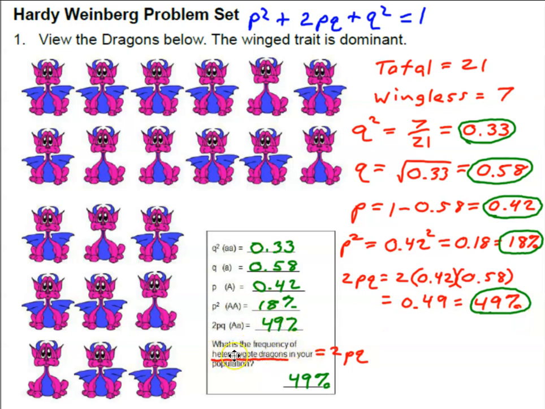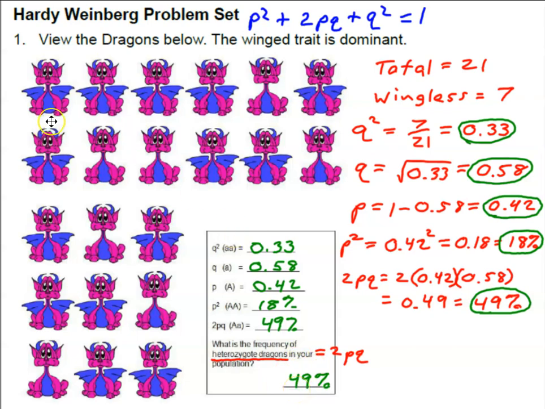So what's the frequency of the heterozygote dragons in your population, which is, again, 2pq? That's 49%. Now, the reason this was asked for twice as an answer is because that's what you're normally most interested in finding out in any population.